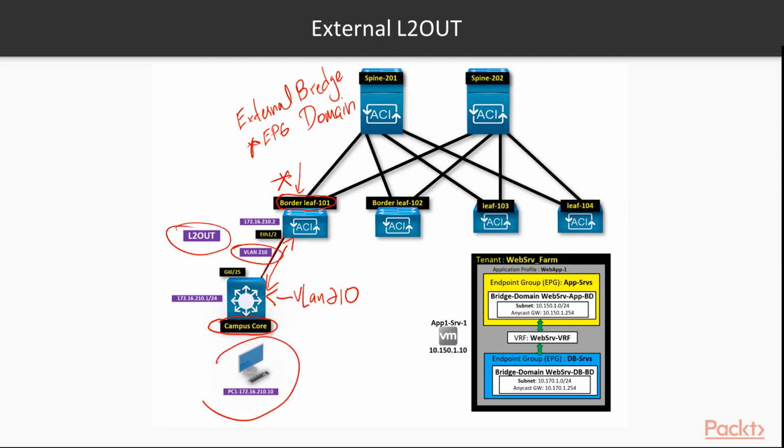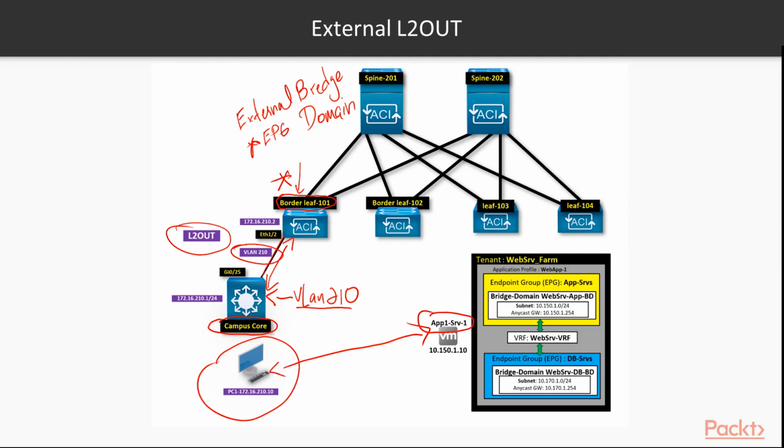So we have this machine sitting on the campus core on the same VLAN 210, and it needs to communicate to my tenant web SRV farm, to a particular server in the app SRV EPG.